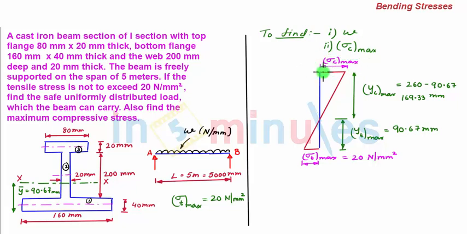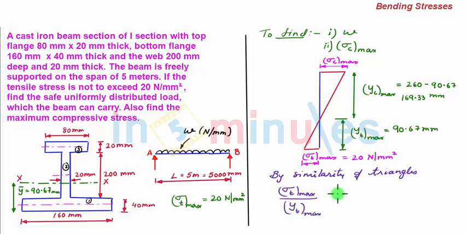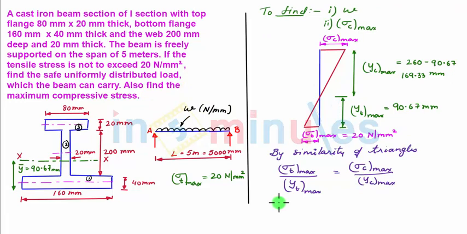So by similarity of triangles, we have sigma t max upon yt max is equal to sigma c max upon yc max. So now upon substituting the value, we get sigma t max is 20 Newton per mm square upon yt max, same as y bar, so 90.67. This is equal to maximum compressive stress which you have to find out upon yc max.